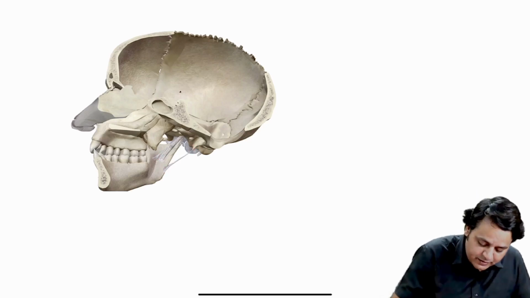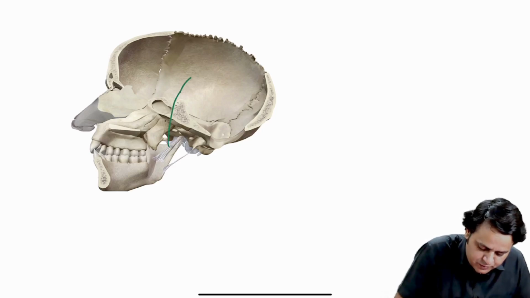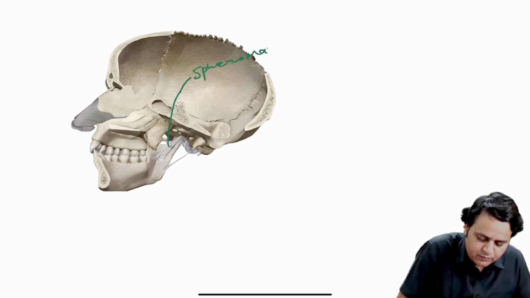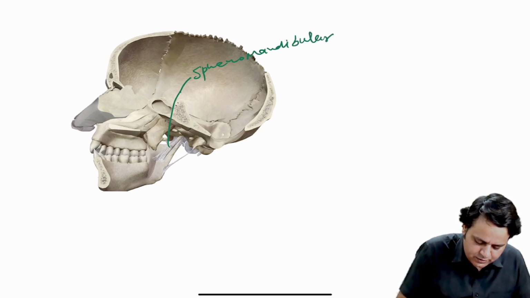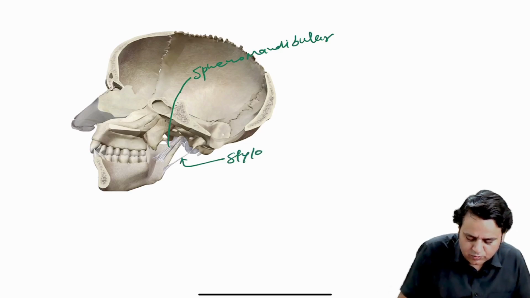So one ligament is attached from the sphenoid, the sphenomandibular ligament. This is the stylomandibular ligament.